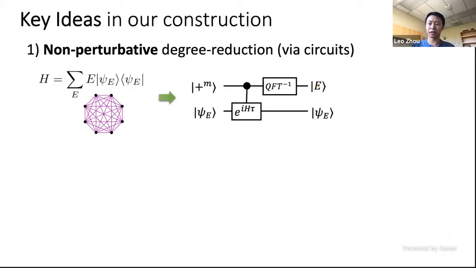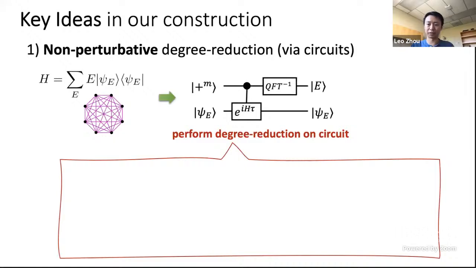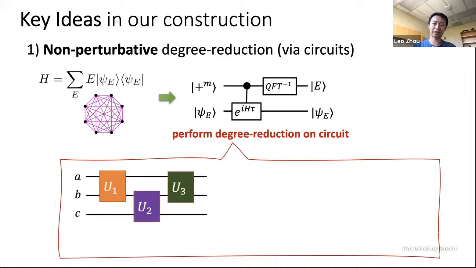So in the context of circuits, degree reduction is much easier to achieve than in the Hamiltonian context because we can use ancilla qubits and swap gates. And that's why we map the Hamiltonian to a circuit and then we do the degree reduction. What I mean by that is if you take your circuit with some unitary acting on pairs of qubits, and we want to reduce the degree of each qubit, which in the context of circuits just corresponds to how many gates are applied to them.